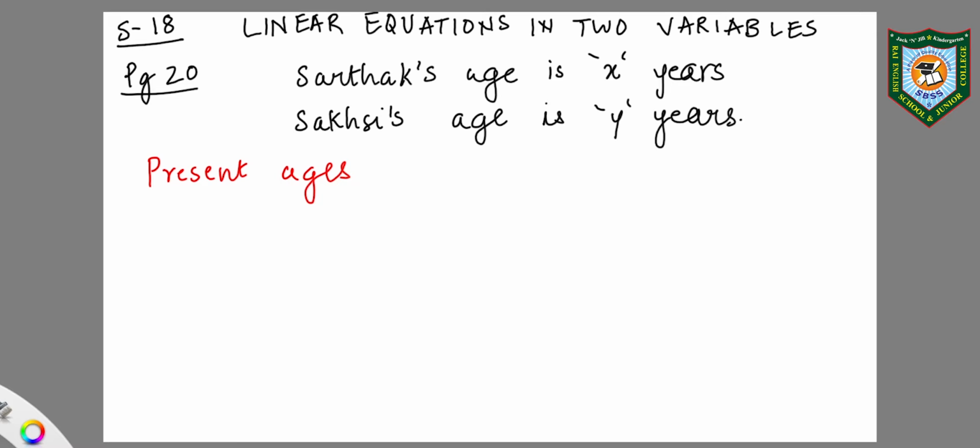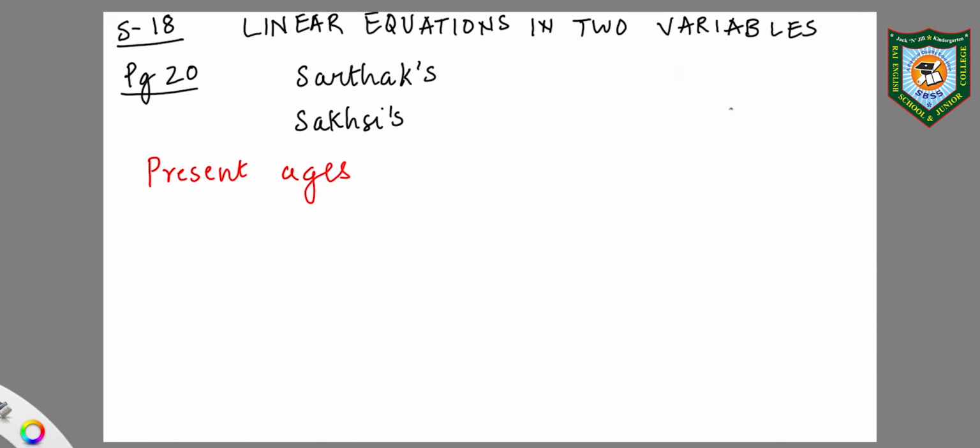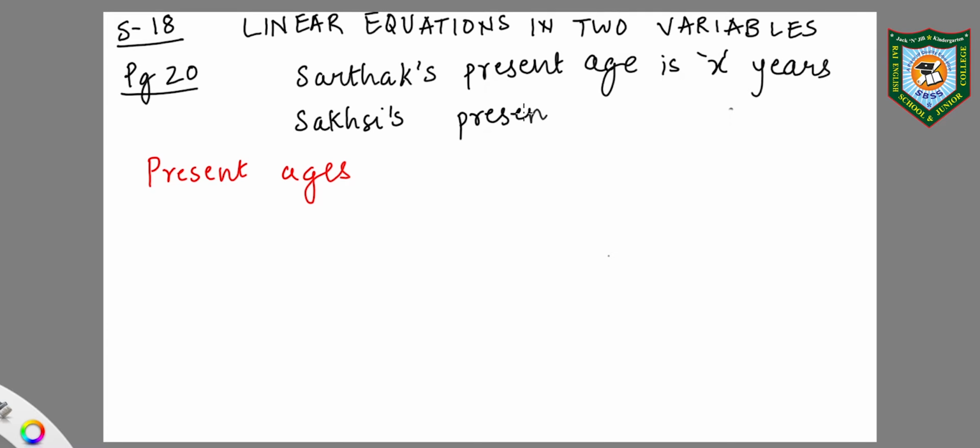We are going to write: Sarthak's present age is X years and Sakshi's present age is Y years. This is very crucial in understanding how to solve word problems.